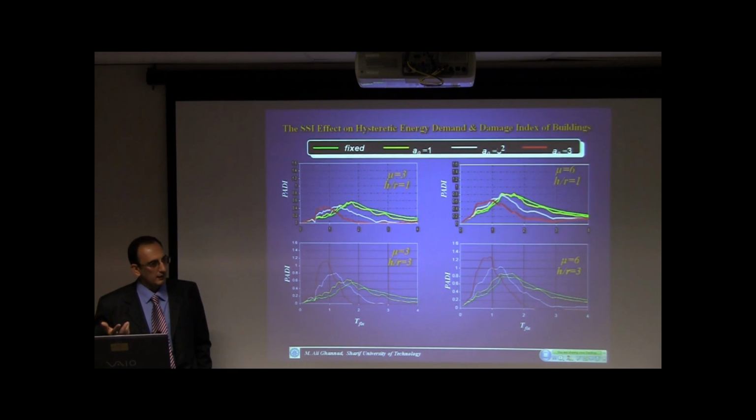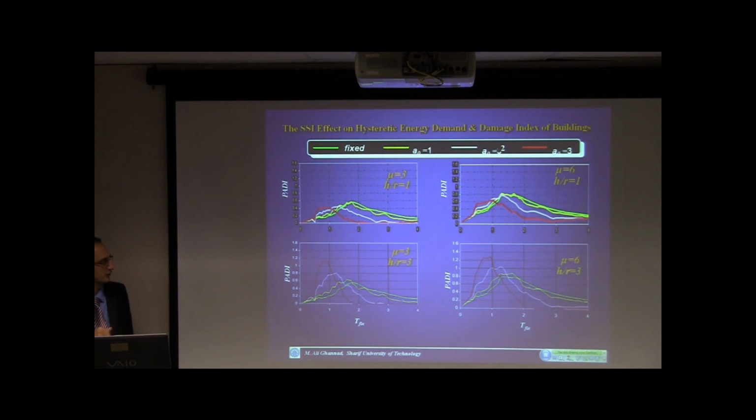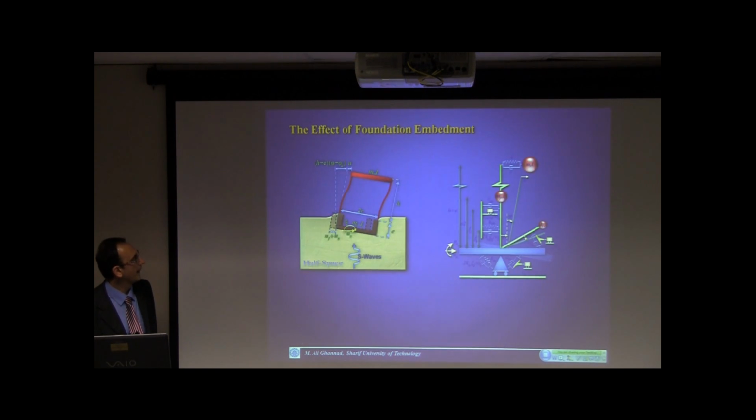Because we usually believe that the soil helps the structure and improves its behavior, but it can happen in many cases that it increases the damage. Okay, and again, more results can be found in this paper in Engineering Structures.